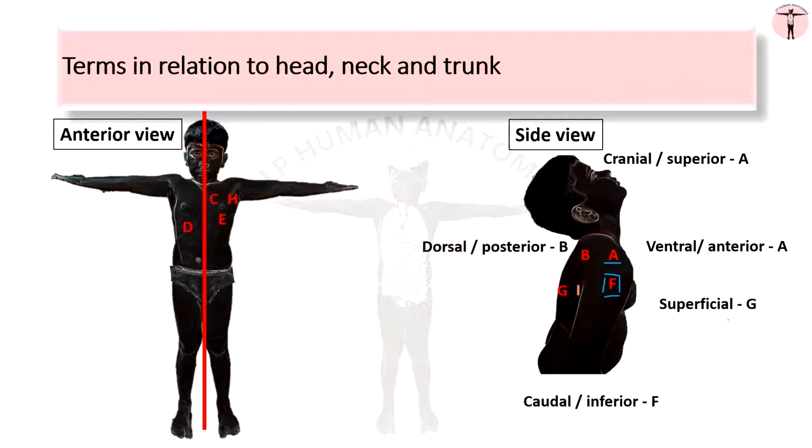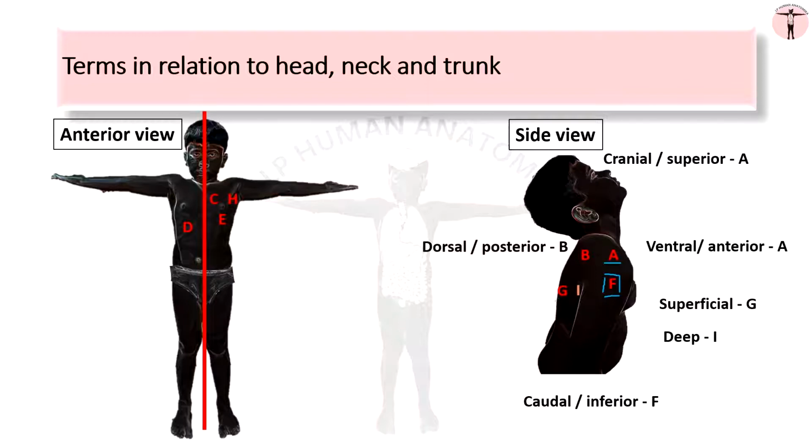Superficial is the structure which is close to the skin or the surface of the body, and deep is the structure which is away from the skin or the superficial part of the body.